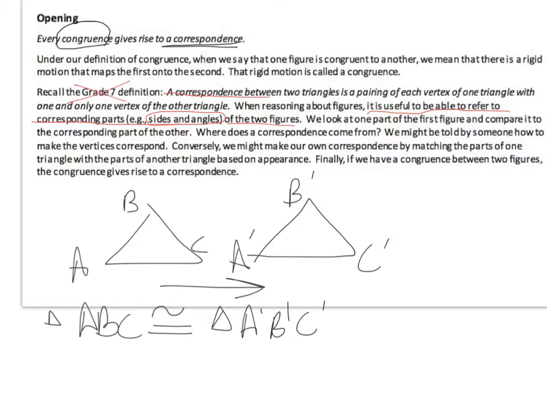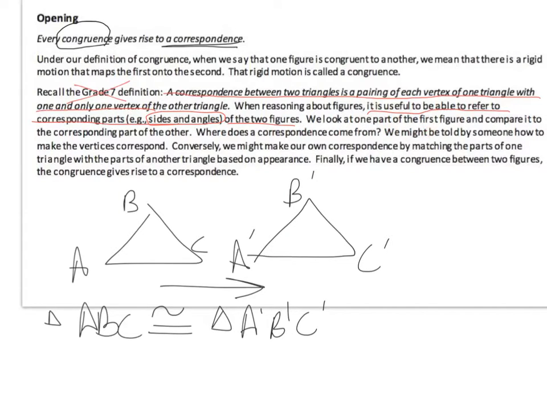A correspondence between two triangles is a pairing of each vertex of one triangle with one and only one vertex of another triangle. We look at one part of the first figure and compare it to the corresponding part of the other. These are all things that I'd probably be highlighting if I were on paper. Where does a correspondence come from?